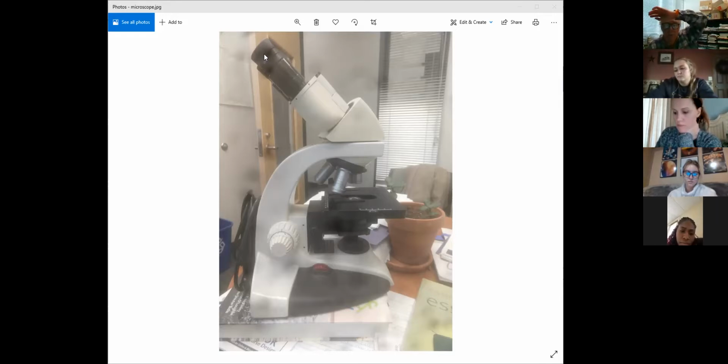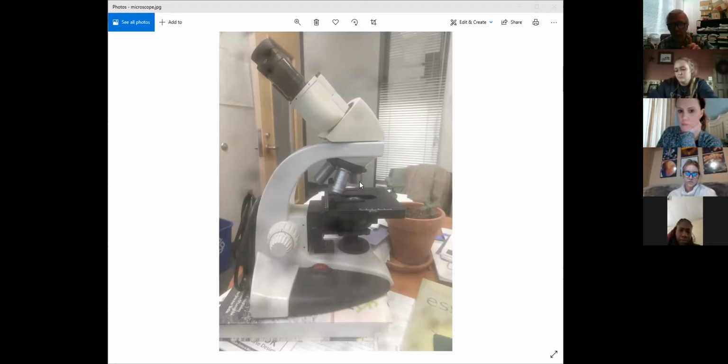The total amount that you expand your subject to is called total magnification. It's just a simple product of the power of the objective lens times 10, because the oculars are always 10.